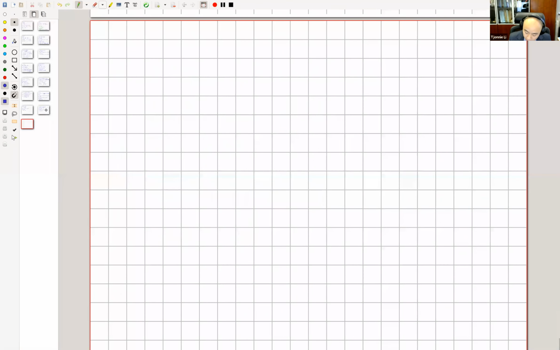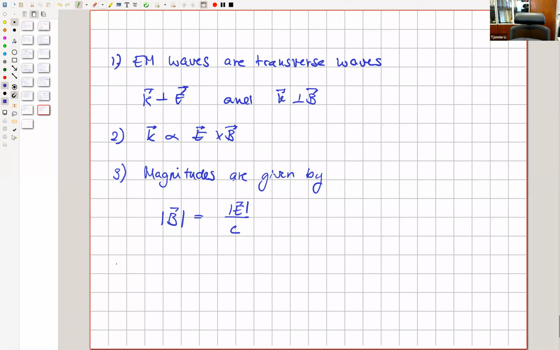So, if you will, there's also a fourth property: the wave travels at velocity 1 over the square root of epsilon naught mu naught.